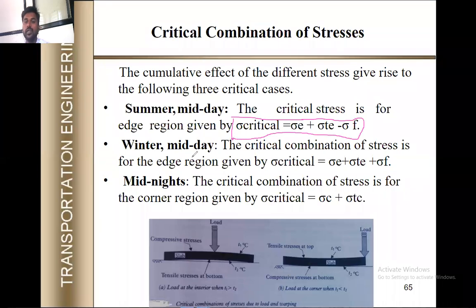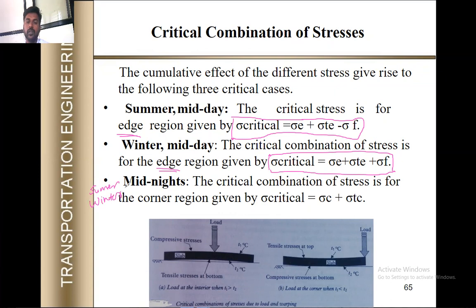In the winter midday, the critical combination of stress is at the edge region and it is given by the formula sigma critical is equal to sigma E plus sigma TE plus sigma F. And at midnight, it may be summer, it may be winter.